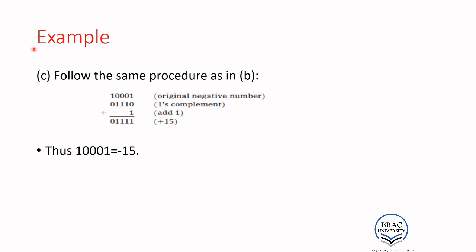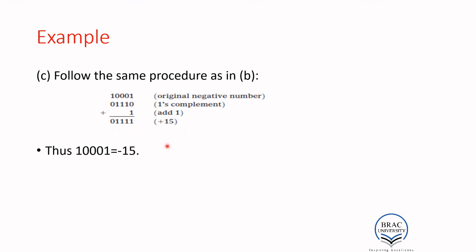Another example: 10001. Again, this is a negative number. We don't really know what the decimal number is. What can we do? 2's complement. Just take the complement of it, add 1. It becomes 01111, which is 15.